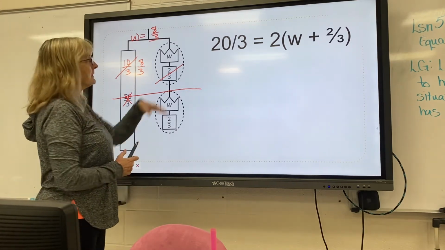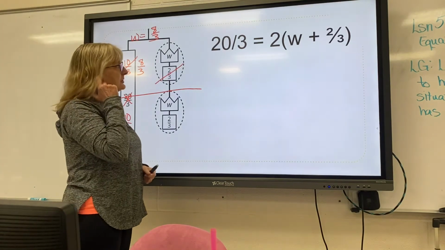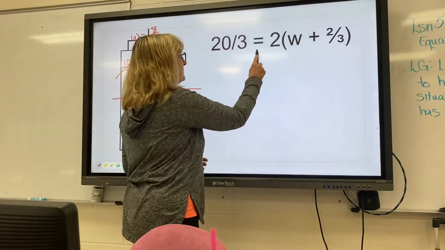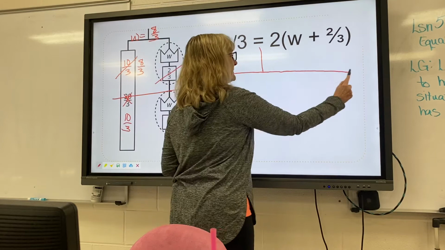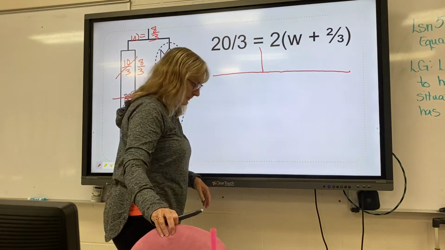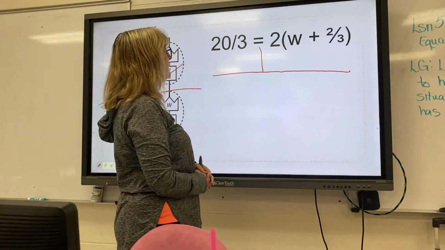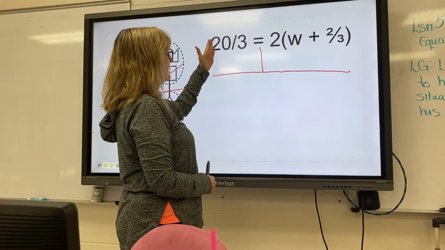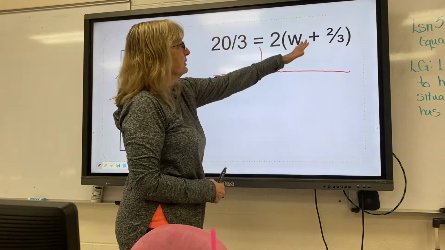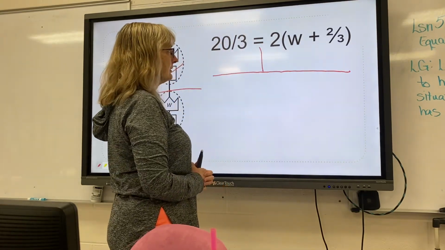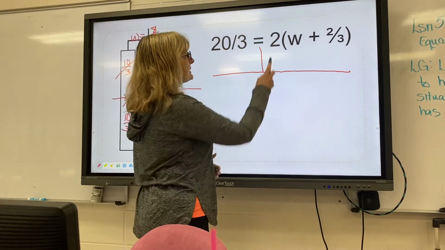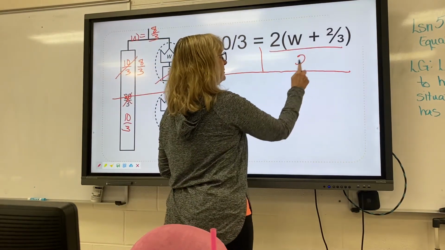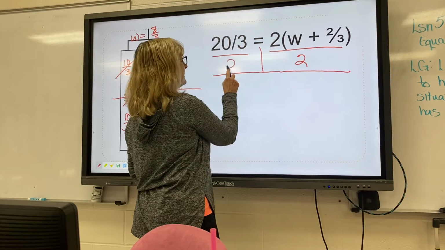All right, so let's come over here and try it with just the equation. So once again, we're going to do our upside down T so that we can show our properties of equality. Got 20 thirds here equals two groups of W plus 2/3. So let's divide this by 2, and let's divide this by 2.